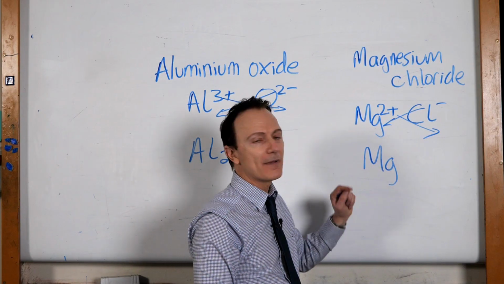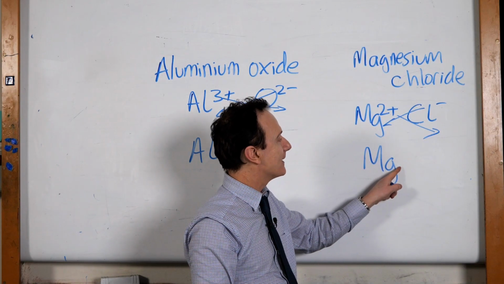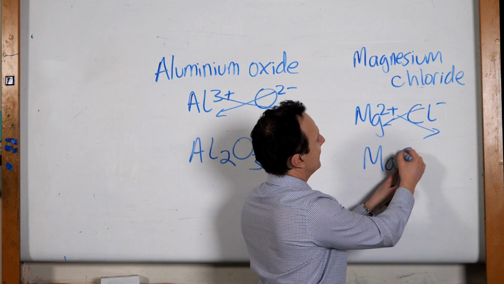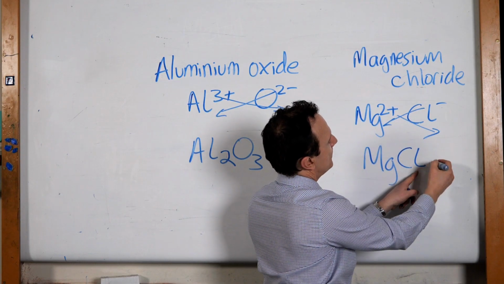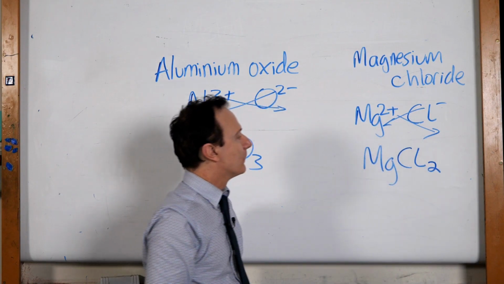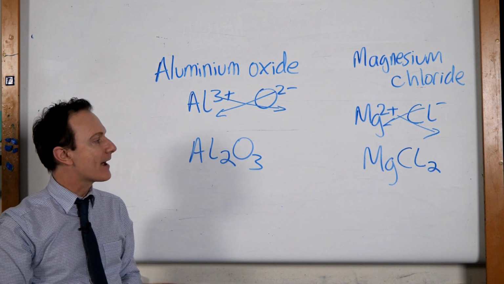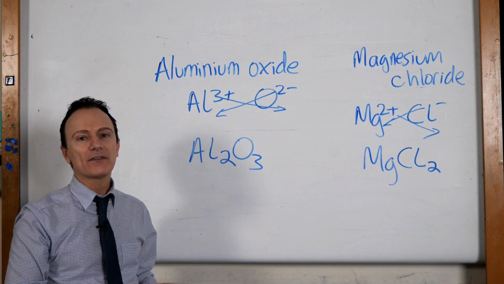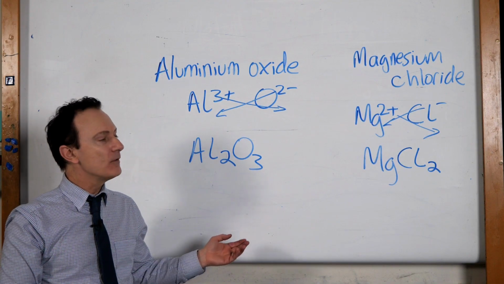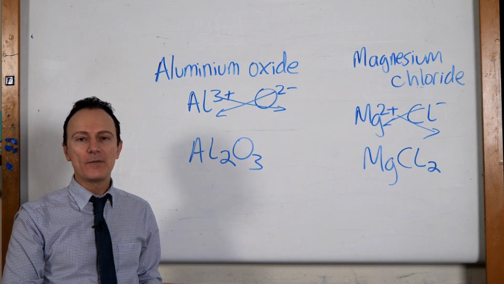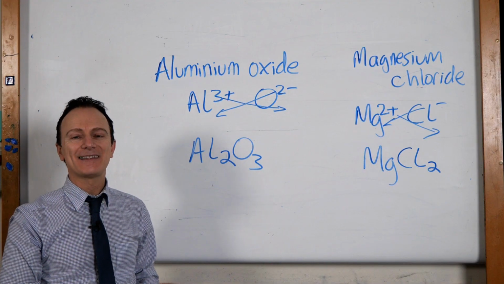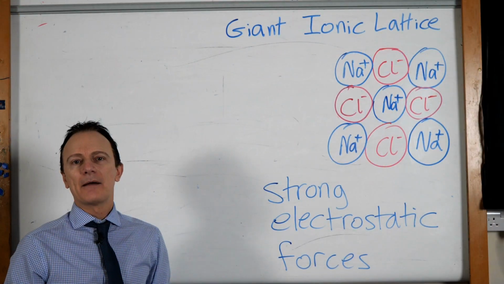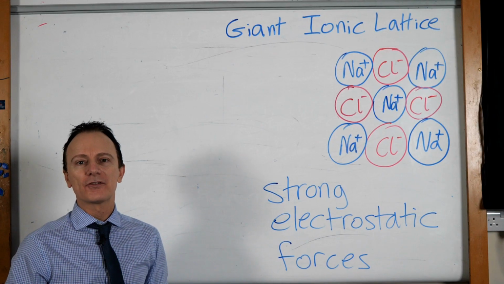We know that there's 1 magnesium if there's nothing next to it. And then Cl, that 2 has come down next to the Cl. So the formula of magnesium chloride would be MgCl2. I've got more practice at these in a whole video devoted to working out ionic formulas, and that's in my playlist C3.